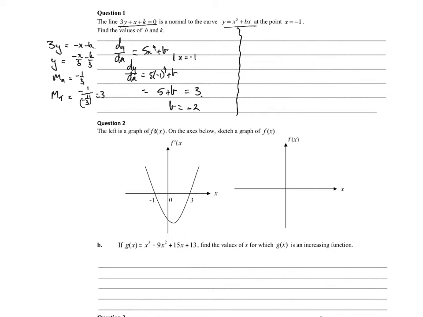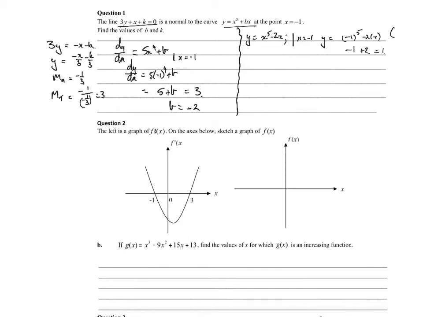So I've now got y equals x to the 5 minus 2x. So there's a start. And at x equal to -1, what's y equal? At x equal to -1, y will equal -1 to the 5 minus 2 times -1, which is -1 plus 2, which is equal to 1.